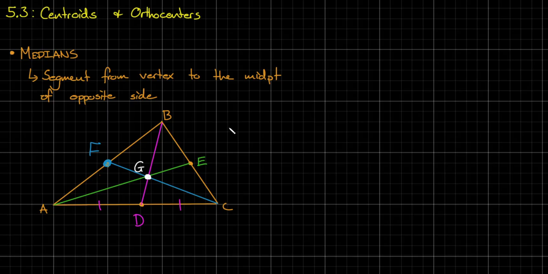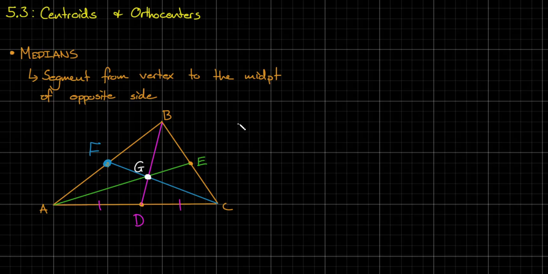Okay, we are going to make a couple little comments. Point G, this one, it is the concurrent point for all these medians. Same place. Point G has a name. Point G is called the centroid.